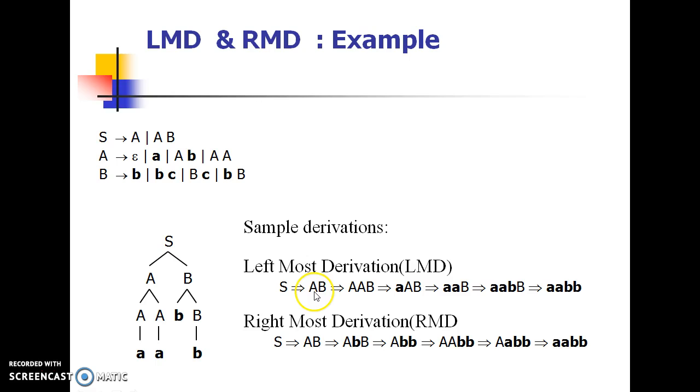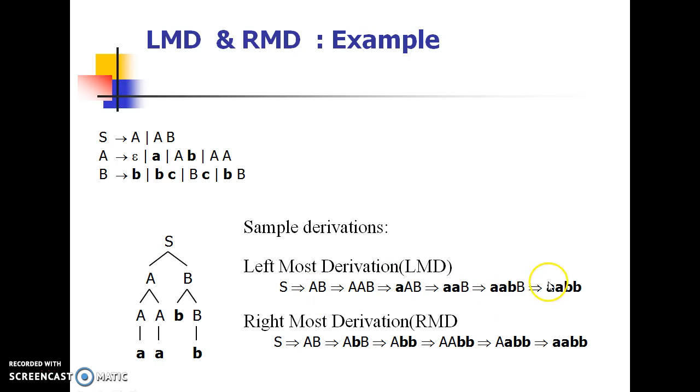So in the leftmost derivation, the variable A is replaced by its definition. Similarly, in the third step, we choose once again the variable with its definition. In the fourth step, the second A, that is the non-terminal A, is replaced with its definition.